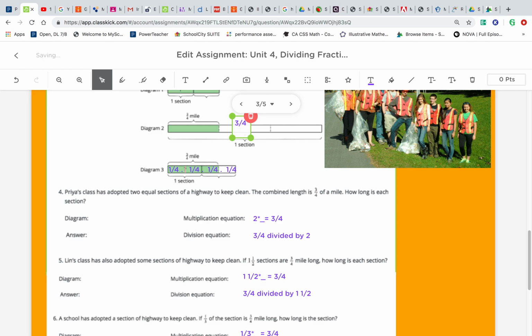Same thing going over here. This last section is also 3/4. So if you think about it like that, then 3/4 and 3/4 and 3/4, how many quarters is that? It's 3, 3, and 3. That's 9 quarters, right? So it would be 9 quarters or 9/4.